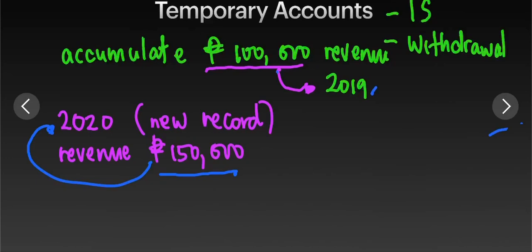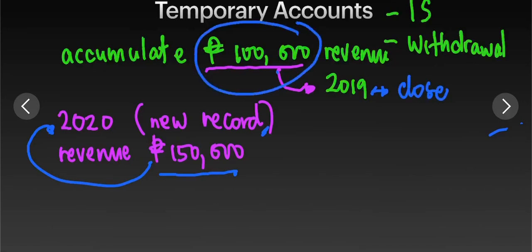So in order for us to have a new start, to have a new record for 2020, we have to close this 100,000 specifically related to 2019.